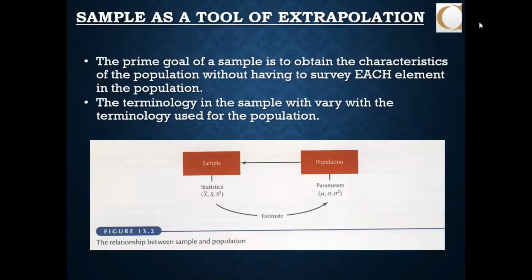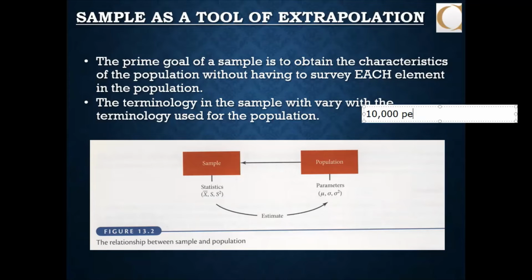So yeah, we want to find a way to represent the population without trying to get everyone in the population to answer. So we get a small section. So let's say 10,000 people out of 30 million people. We want to get that. And so let's say it's a 10,000 people sample, 35 million population.